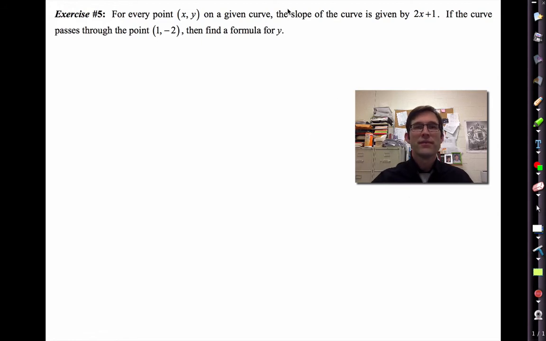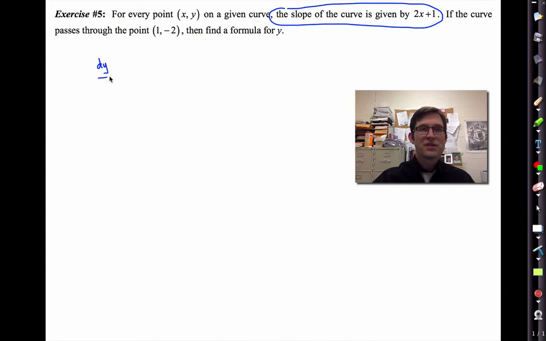Well, it's kind of cool. Because here, when they say that the slope is always given by 2x plus 1, what they're saying is that dy/dx is 2x plus 1, right? Therefore, y, well, that would have to be x squared plus x plus c, right?